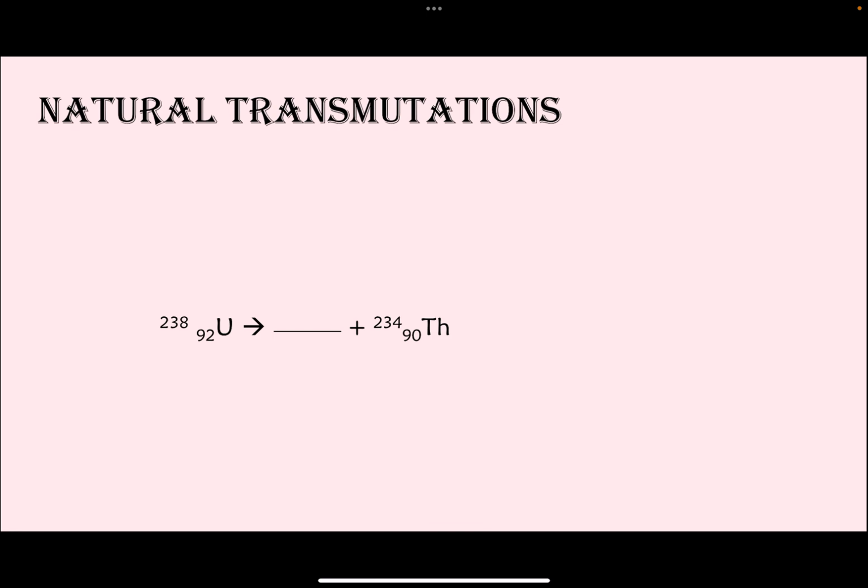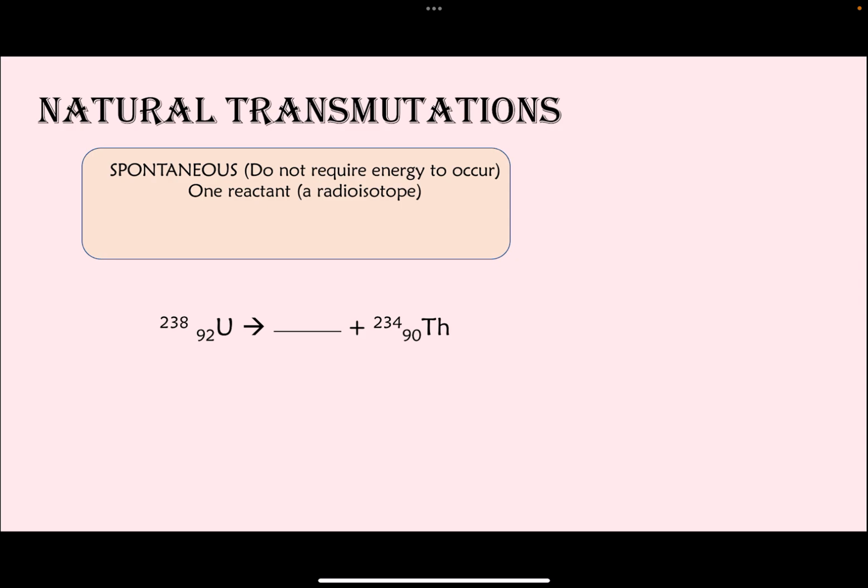All right, so we talked about all of that. Let's move on to discussing the two different types of transmutations that I mentioned, natural and artificial. Natural transmutations are just natural decay. This is spontaneous, meaning we don't need any energy for these to occur. There's normally only one reactant in the case of natural transmutations, which is a radioisotope.